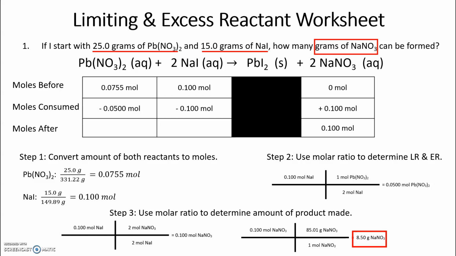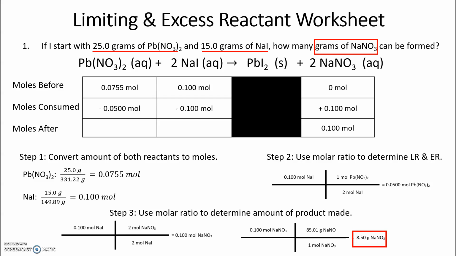So after the reaction has come to completion, we have 0.100 moles. Now, the question ultimately asked for grams of sodium nitrate, so we can do a quick mole to gram conversion that you'll see at the bottom right-hand side of the screen. So we have 0.1 moles of sodium nitrate, we have moles of sodium nitrate on bottom, and then grams of sodium nitrate on top.